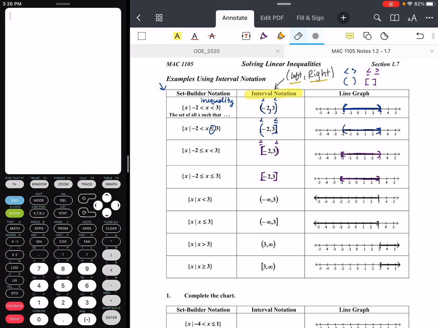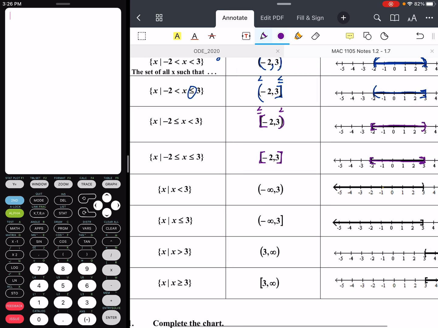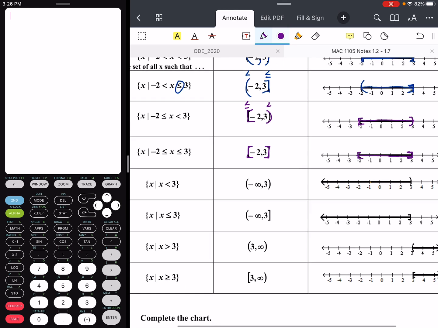Okay. Let's clean that up a little bit. All right, so moving forward, now we've got simple inequalities, right? X such that x is less than 3. So sometimes I like to do the line graph first and then go to interval notation. Sometimes that helps me.